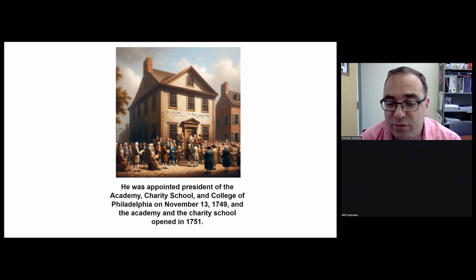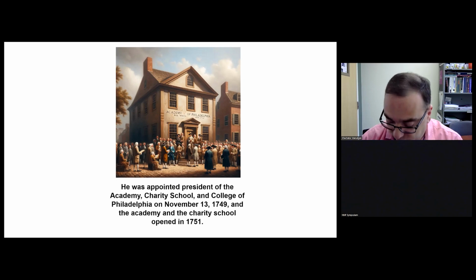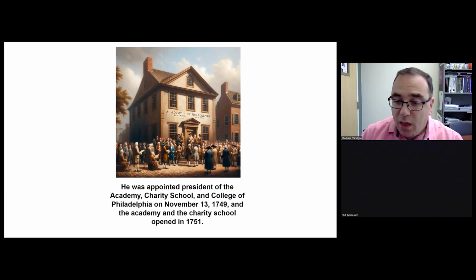Eventually he was successful, and they founded the College of Philadelphia, which opened its doors in 1751, and I think 50 years later became what we now know as the University of Pennsylvania.